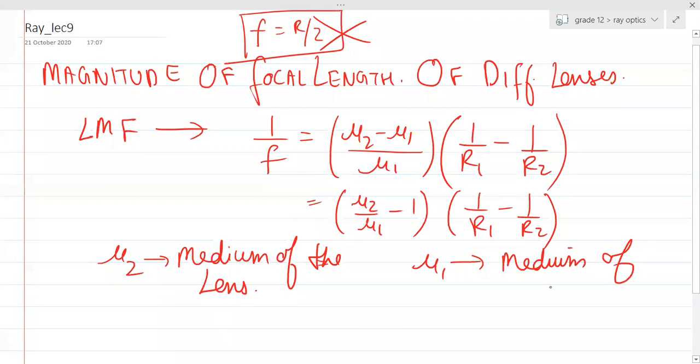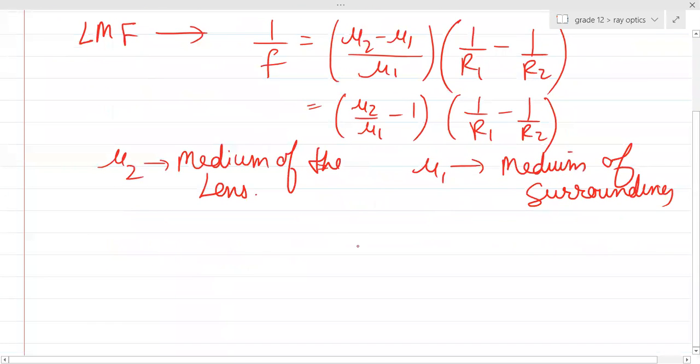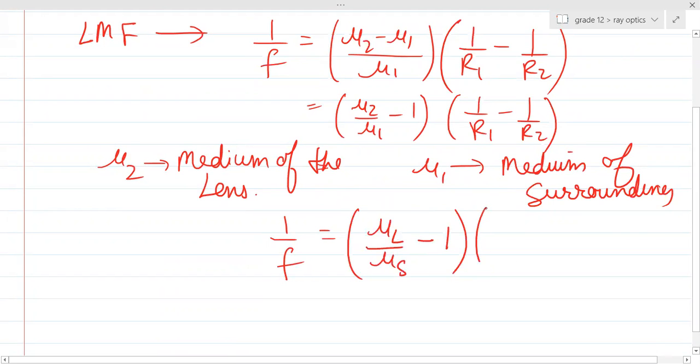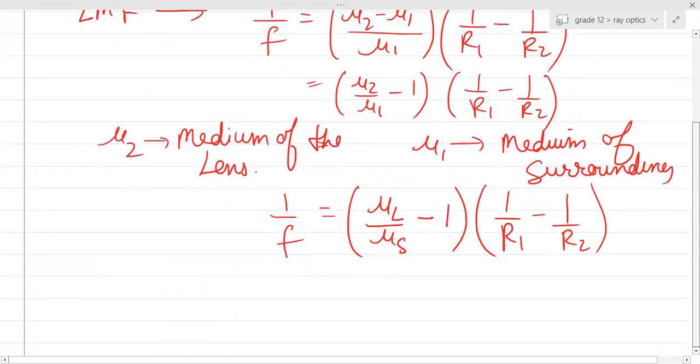Do you remember this? So instead of writing mu2 and mu1, I'll write it as mu L. So lens maker formula, I can write as (mu L upon mu S minus 1) into (1 by R1 minus 1 by R2). And what is this? Refractive index of lens with respect to surrounding.